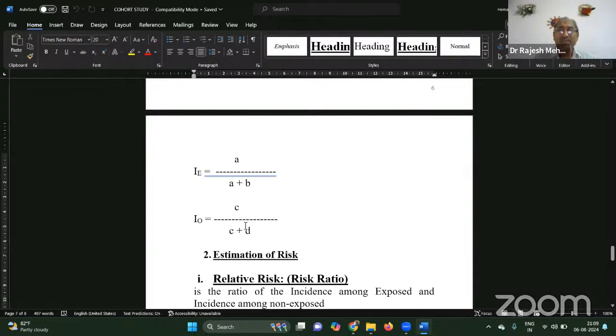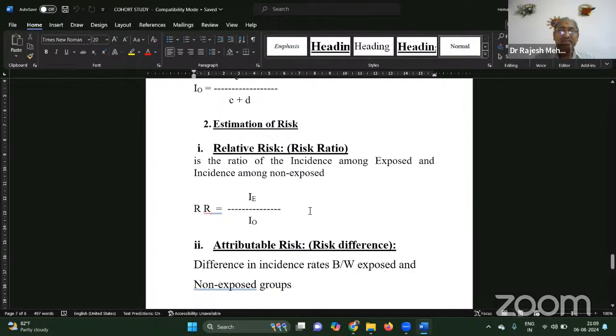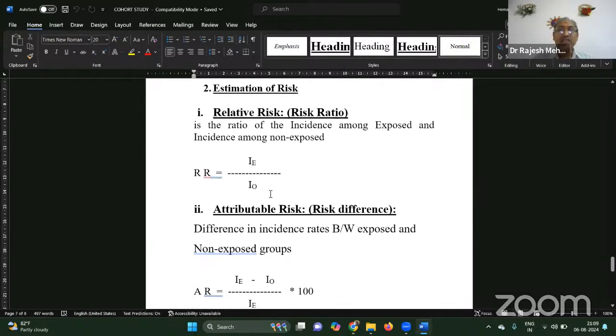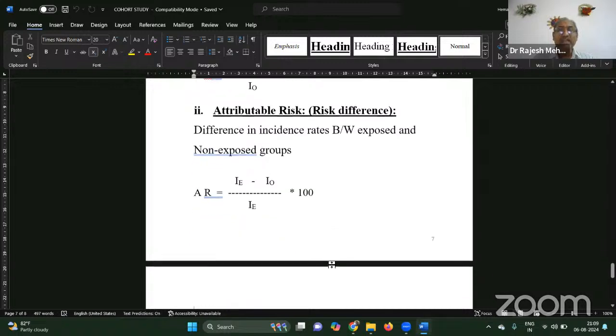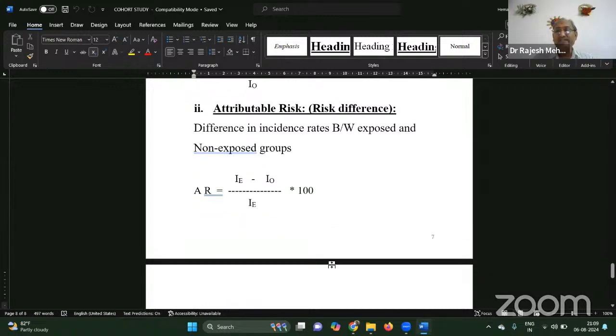Out of the population who were not exposed, how many developed the disease? So we have the risk ratio available, the incidence in the exposed over the incidence in the non-exposed. And if you want to find the attributable risk, you subtract this from the exposed and you will get the attributable risk. So this is case control and cohort study.